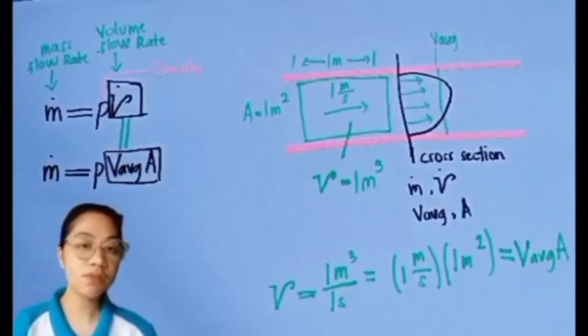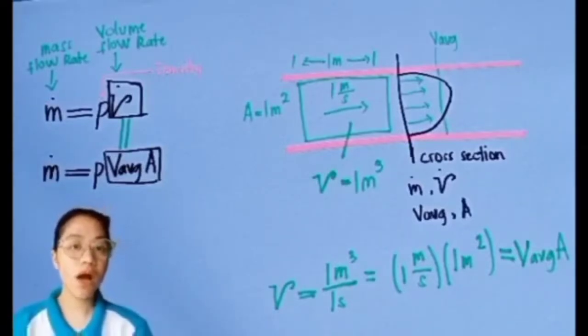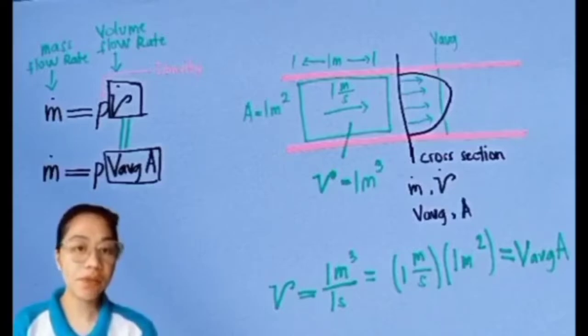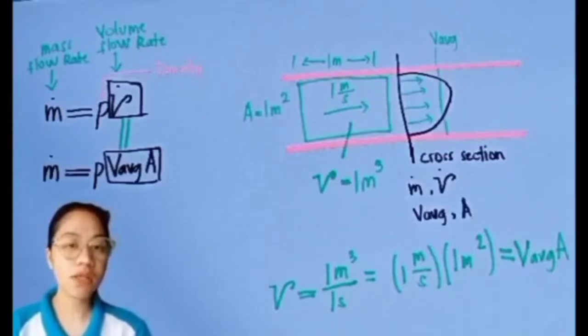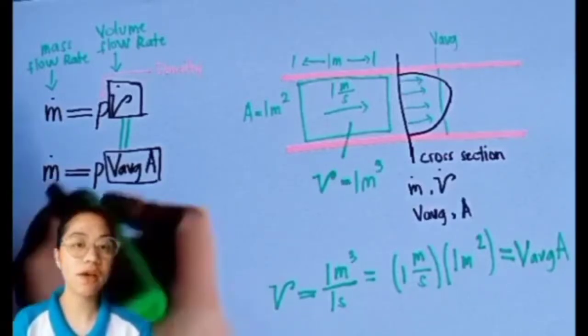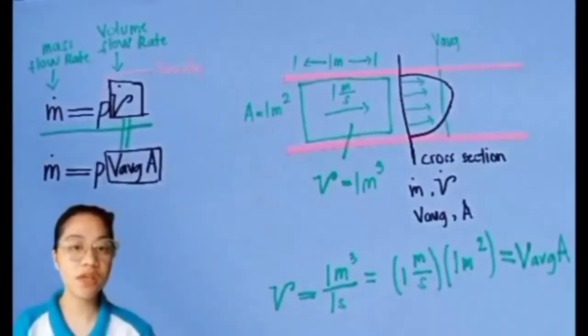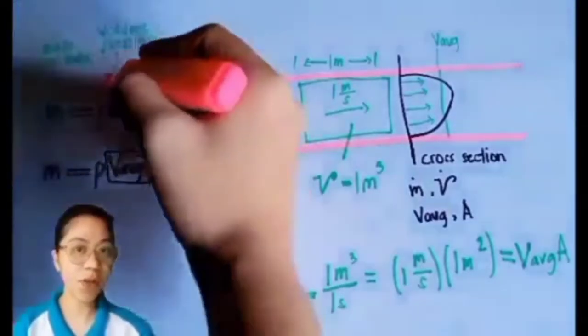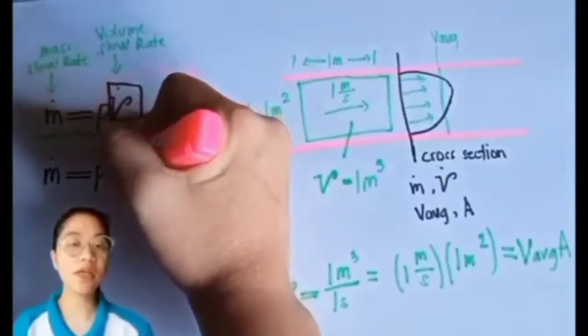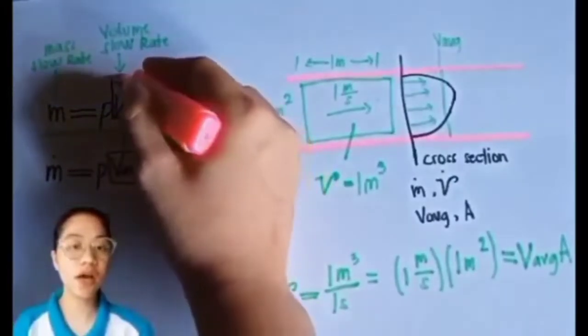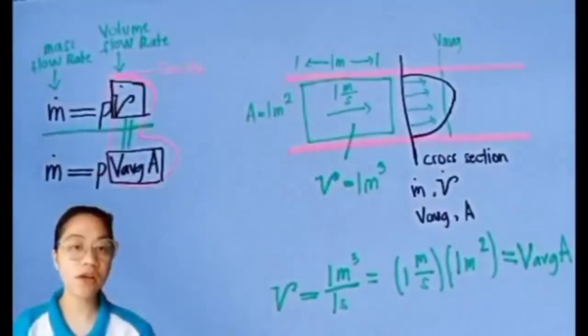In this brief lecture, we reviewed the mass flow rate, volumetric flow rate, velocity, and cross-sectional area. Here, the velocity refers to the average velocity at the cross-section, and the mass flow rate is written as the volumetric flow rate times density. The volumetric flow rate is equal to the average velocity times the cross-sectional area in the control volume.